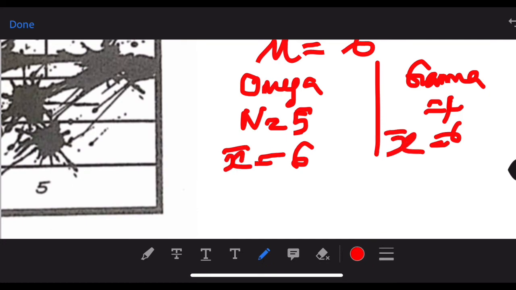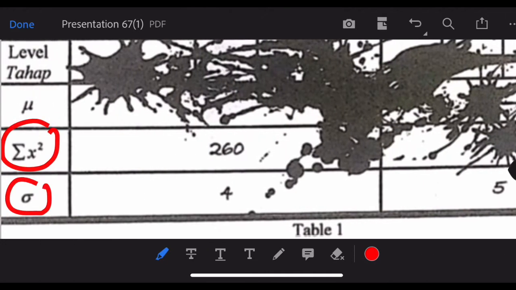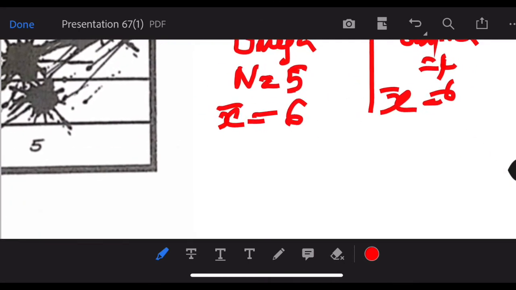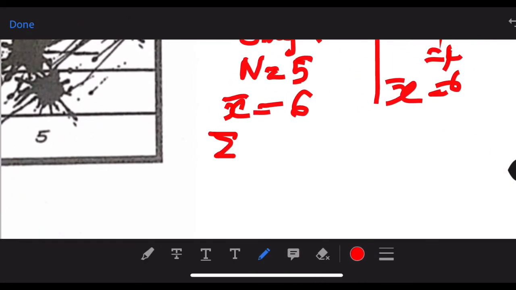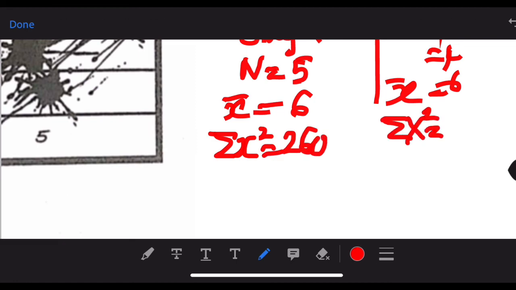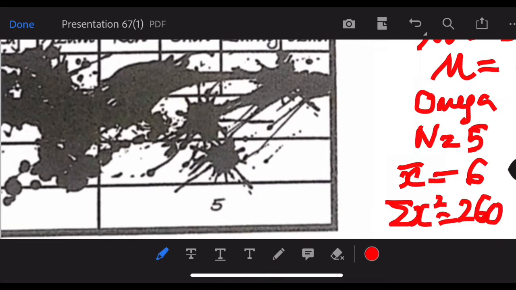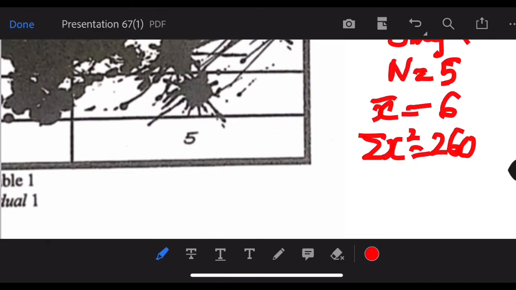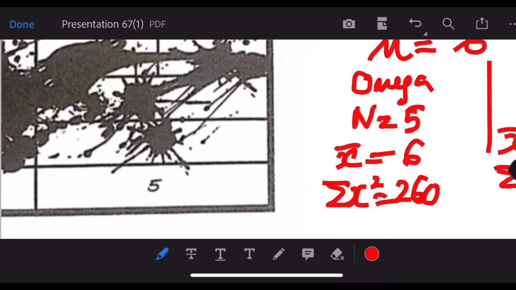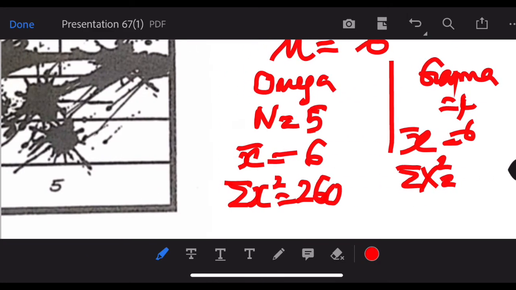They have the same mean, and I have the sum of the data square, which is 260. For the gamma group we have 4 data, but we don't have the sum of data, so let's find the sum of data.